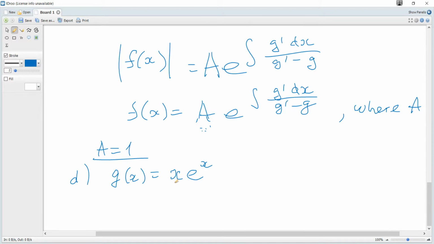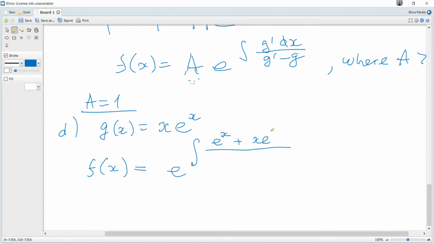Solve this. So f of x, a is 1, is e to the power of the integral of g derivative. We can apply the product rule for this, so x derivative is 1 multiplied by e to the power of x plus x times the derivative of e to the power of x, which is the same, dx, and g derivative is e^x plus x e^x.